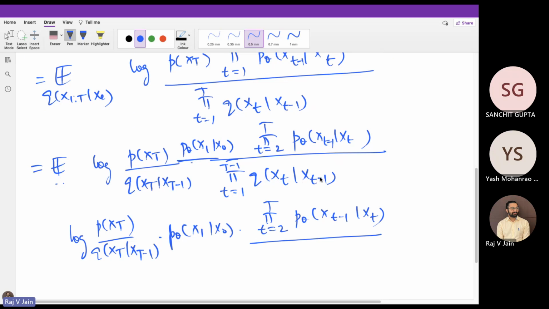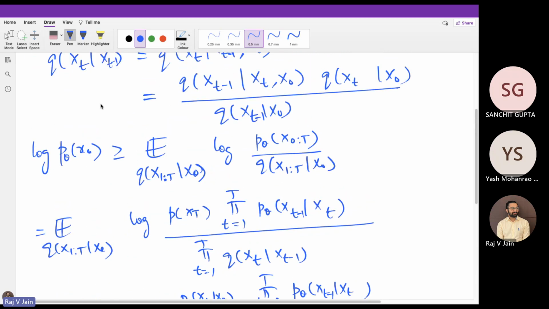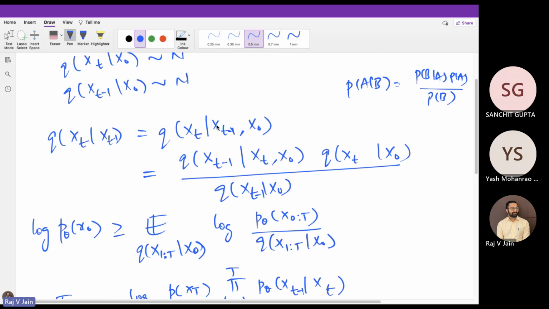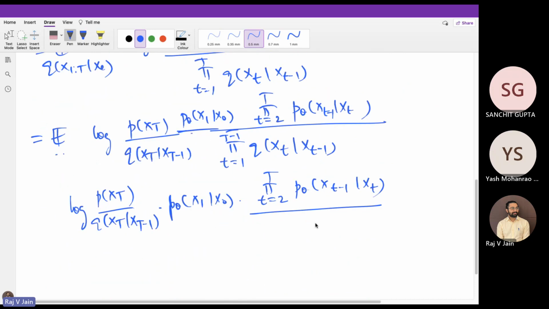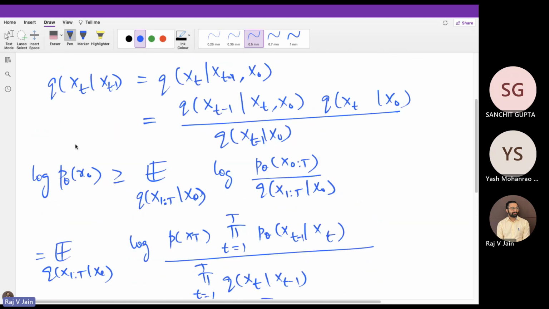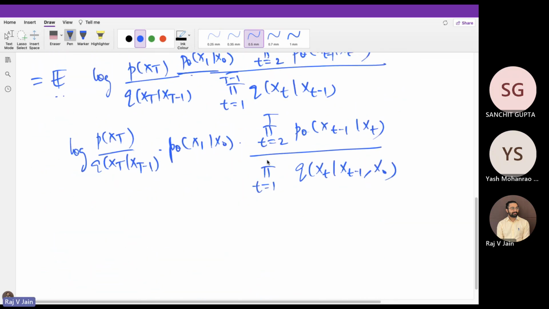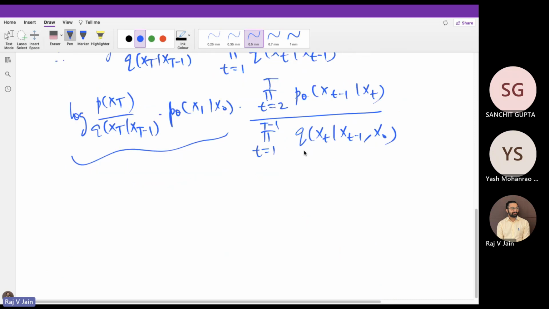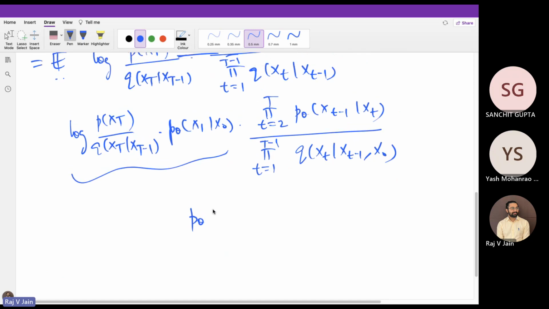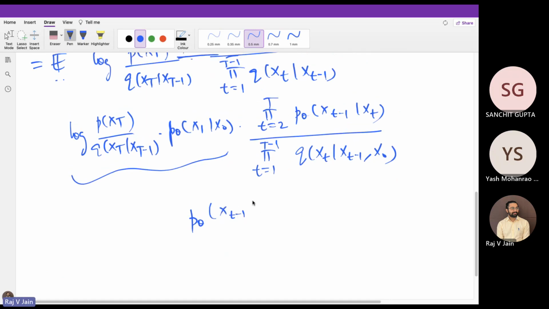Now we'll replace this: q of xt given xt minus 1 is equal to this, so this becomes q of xt given xt minus 1 comma x naught. And we always have access to x naught because we are looking at p of x naught, so this is always there with us. T equal to 1 to T minus 1. Now we'll leave all of these terms for now. Let's look at this term, p theta of xt minus 1 given xt.